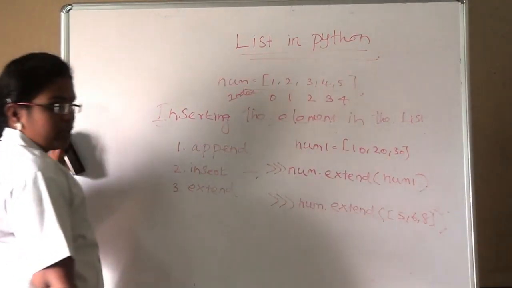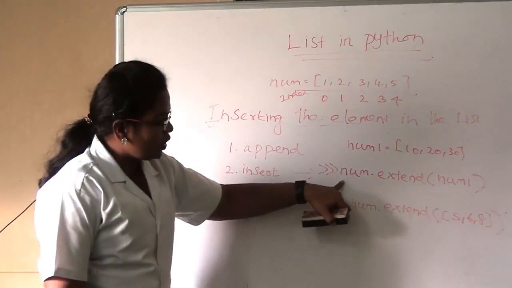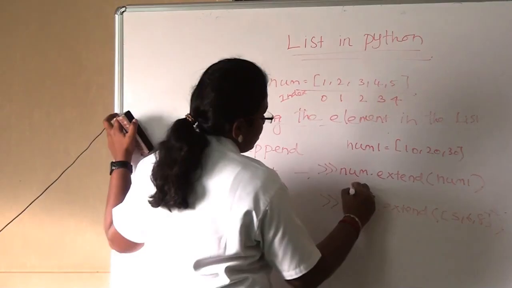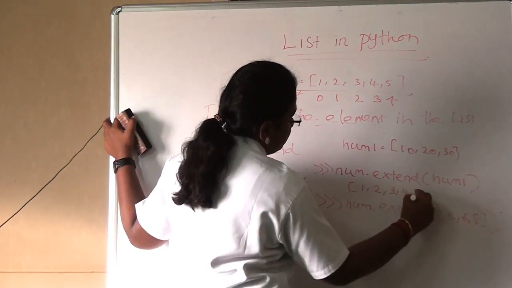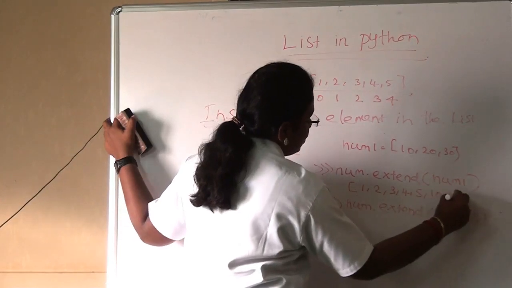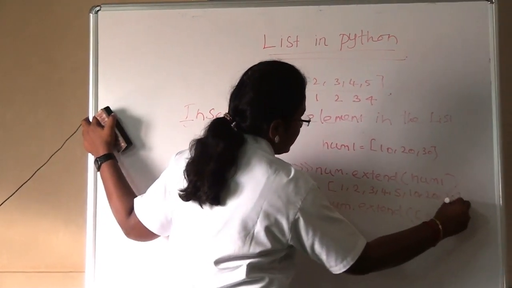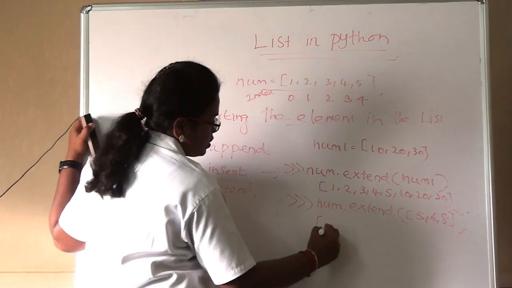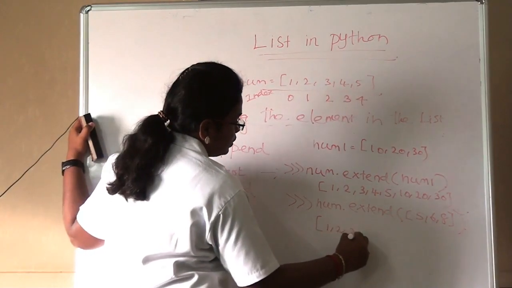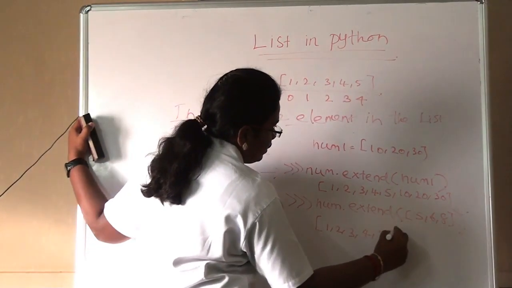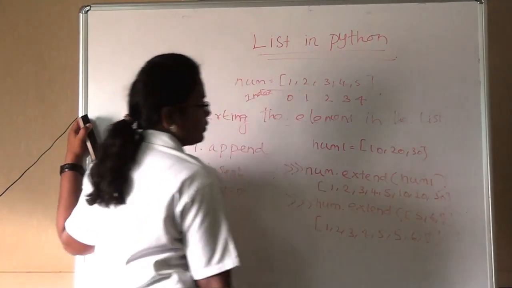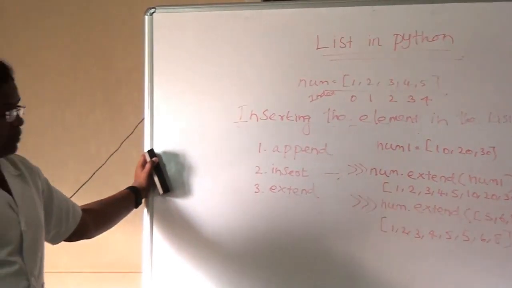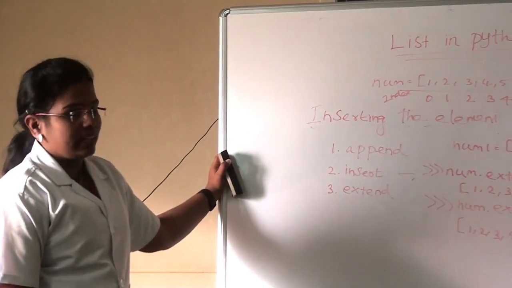You can do it both ways. The answer for this one is 1, 2, 3, 4, 5, 10, 20, 30. Answer for this one is 1, 2, 3, 4, 5, again 5, 6, 8. Okay, by these ways you can insert the elements.